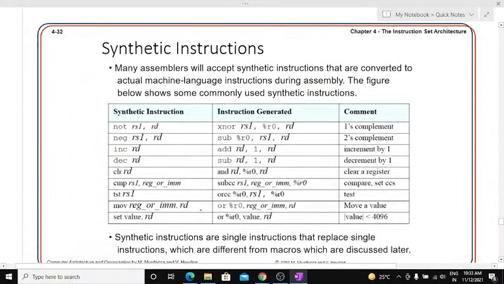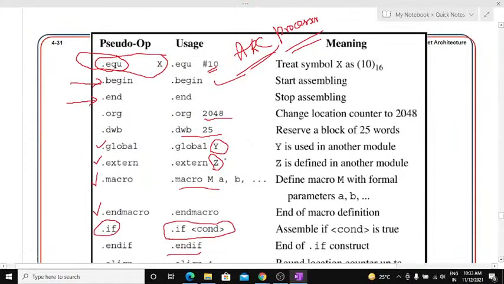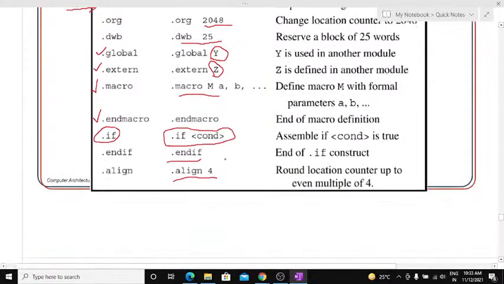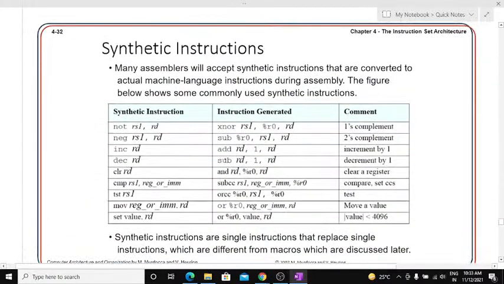Okay, and synthetic instructions. Many assemblers will accept synthetic instructions. I hope you understood this. Pseudo operation means it is a statement, step by step instructions, similar to pseudo code. Pseudo code we write for any program.